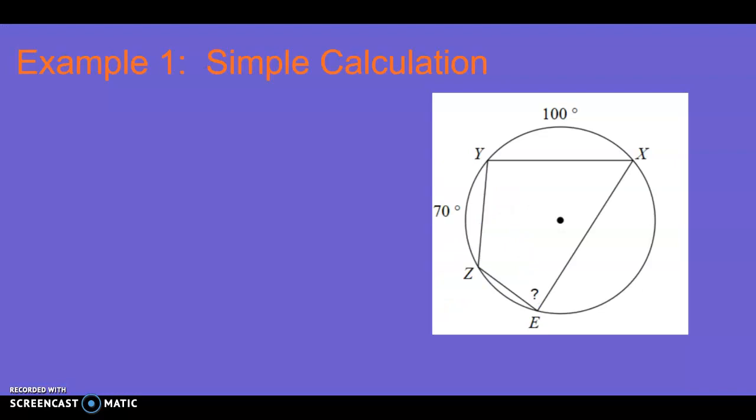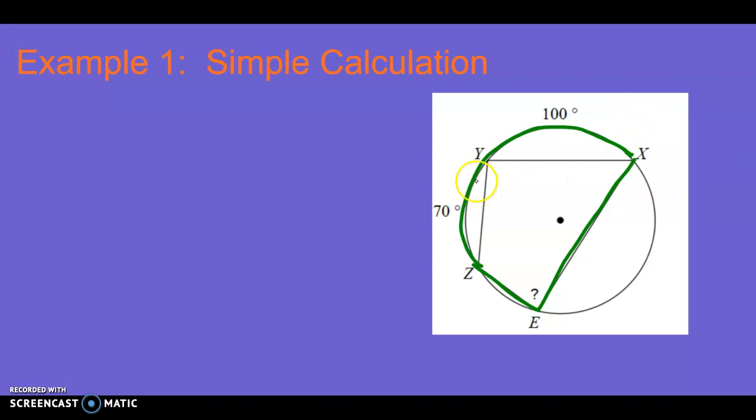This first one is a simple example where it's asking you to find what is angle question mark. If we look, angle question mark, which is angle E, is these two chords here. So the first thing we have to do is identify the arc that is cut by the chords. That would be this arc here. That arc is from point Z to point X. That's the arc that is cut by angle ZEX.